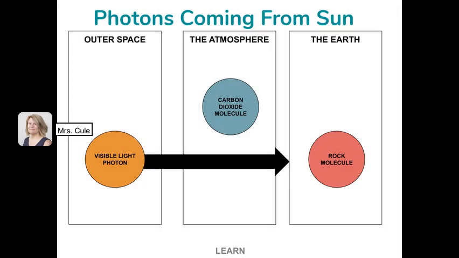So as you can see in this slide, we have those visible light photons, those tiny packets of light energy coming from the sun, traveling in a straight line to the Earth. They enter and pass through the Earth's atmosphere on their way to the Earth's surface.